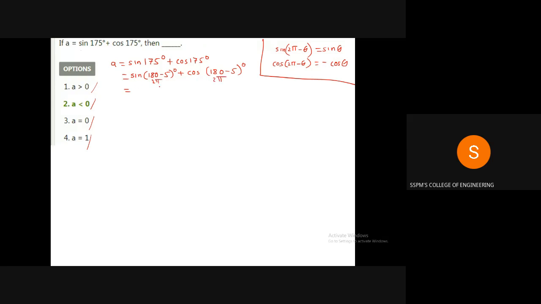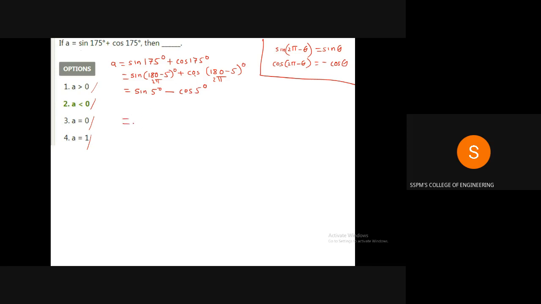So sine 2 pi minus theta gives sine pi degree, plus cos 2 pi minus theta, which is minus cos theta, so it becomes minus cos pi degree.